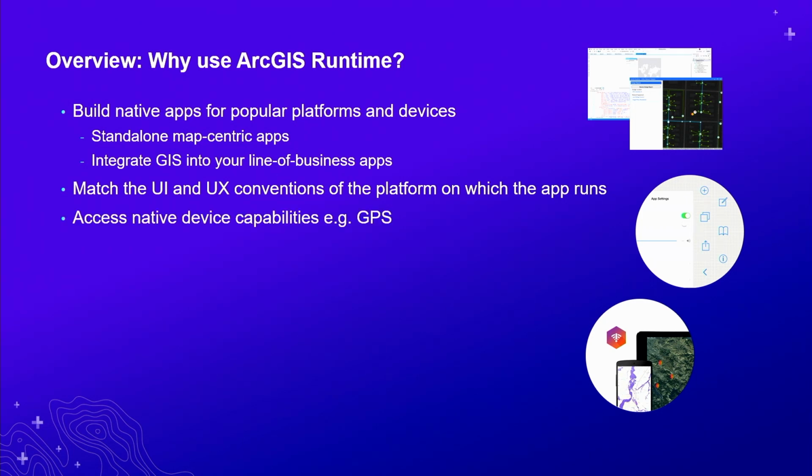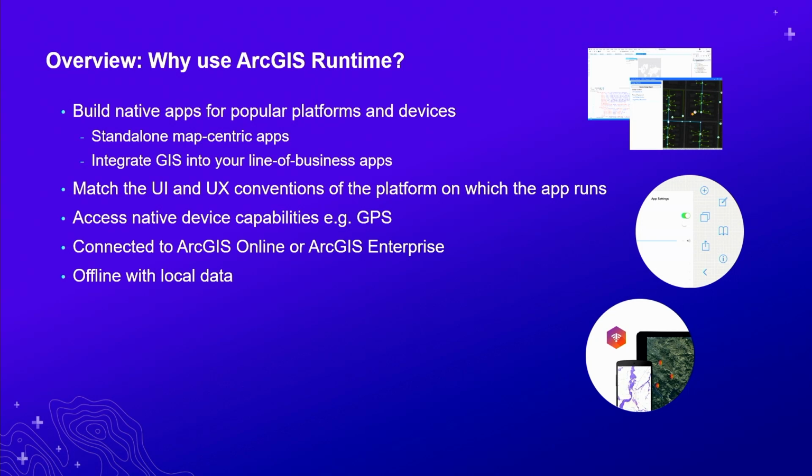You also have access to the native device capabilities such as GPS or other sensors. Of course, you can be connected to ArcGIS Online or your ArcGIS Enterprise, but also ArcGIS Runtime provides support for being offline or disconnected from the network and using local data on the device. And you can also build applications with ArcGIS Runtime that you distribute through an app store as well.